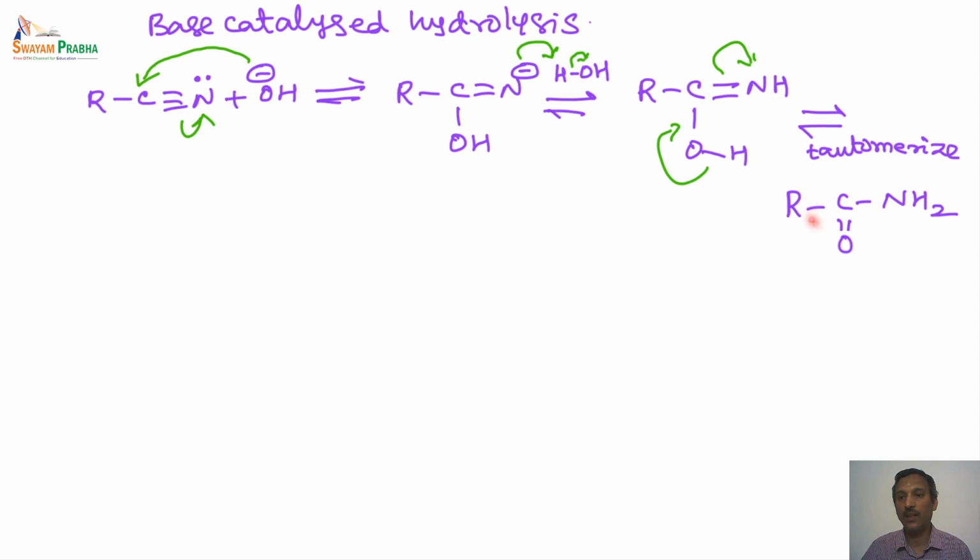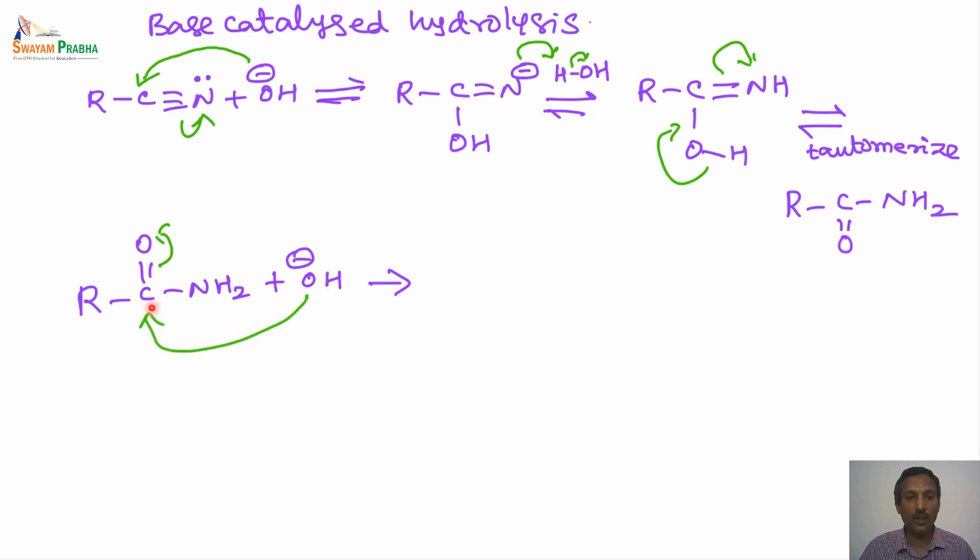If you remember, in the acid catalyzed hydrolysis also, one of the intermediates formed is the amide. In this base catalyzed reaction also, we are getting the amide as one of the intermediates. So let us see how the amide can undergo the base catalyzed hydrolysis to produce the corresponding carboxylic acid. In this case, this oxygen is electronegative, so it pulls the electron towards itself, making this carbon a little bit electron deficient, and we have an electron rich nucleophile.